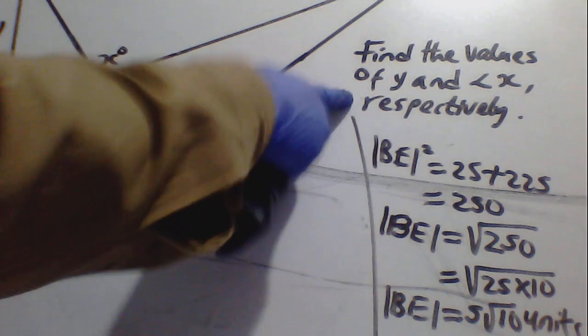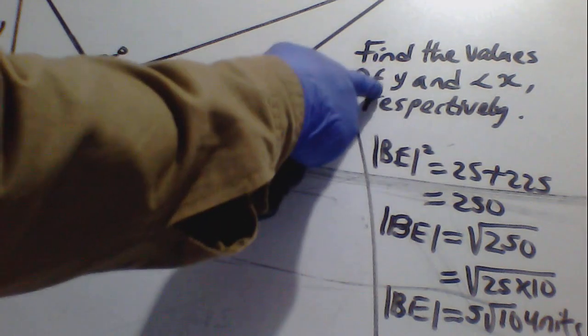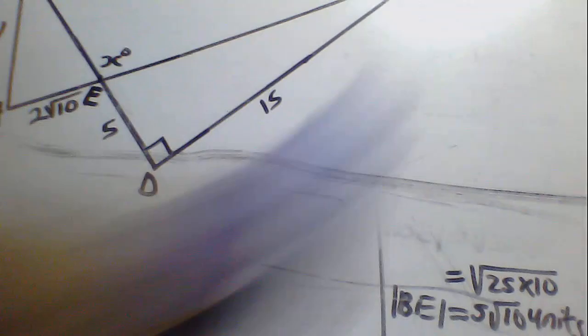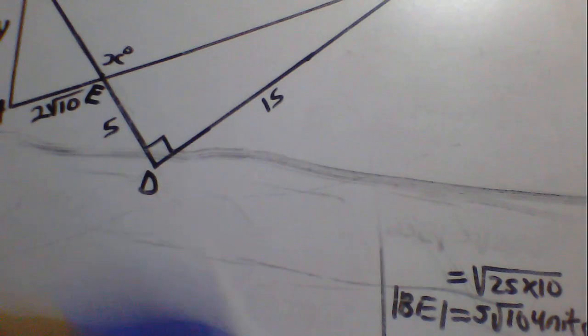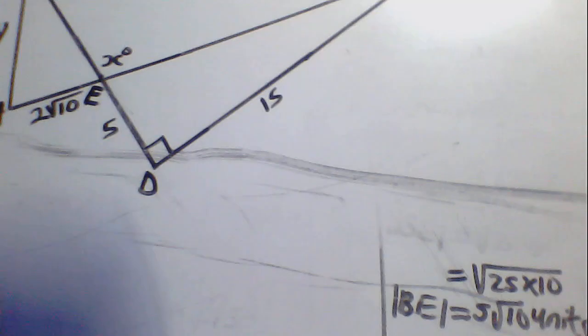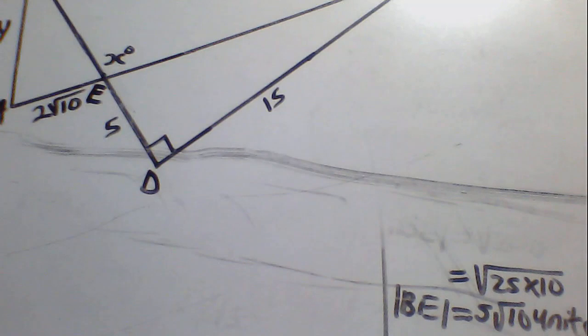So I can clear here, we are finding two things, the length y and the angle x. So the next thing is to return to the diagram.